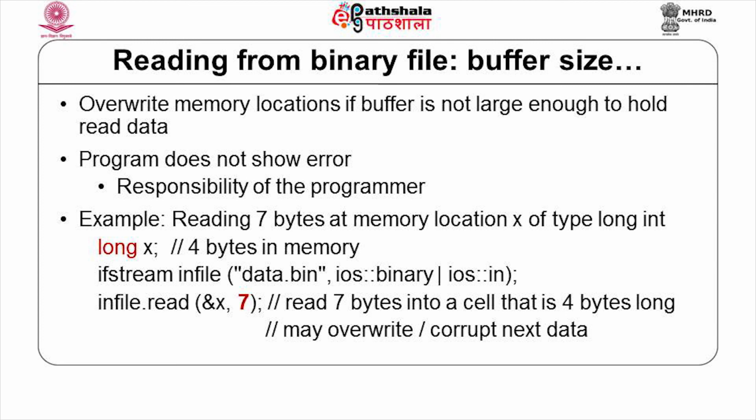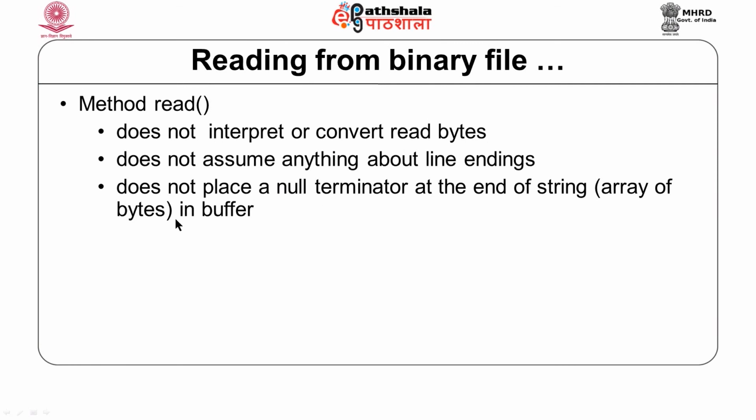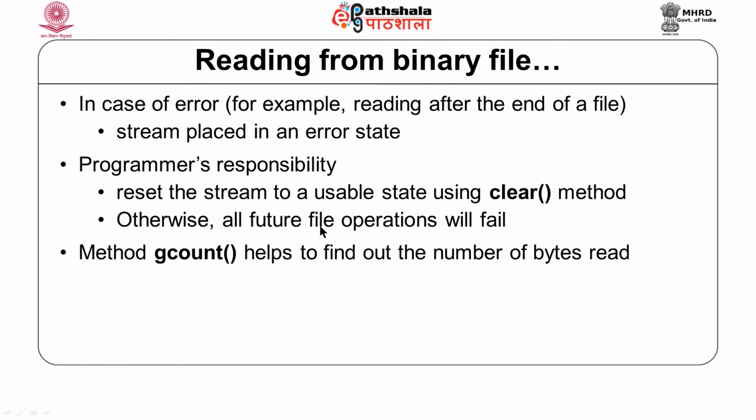Reading from binary file, again, does not interpret or convert the data, because it does the operations on raw data. It does not assume anything about end of lines. So, it will not stop if \n appears, and neither does it put null. In case of error, as with write, it is the responsibility of the programmer to check.